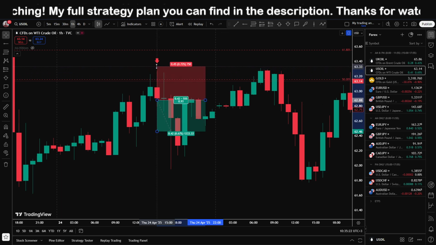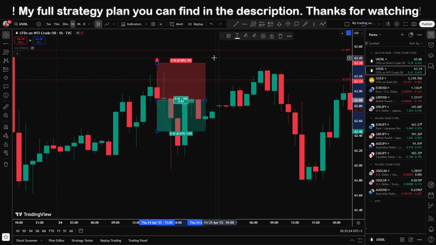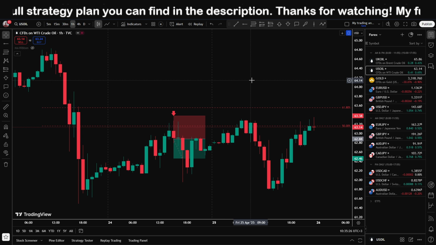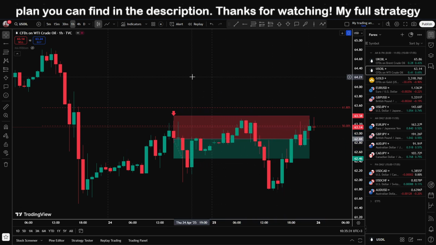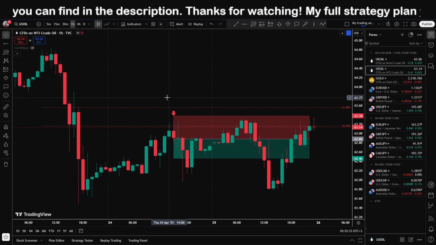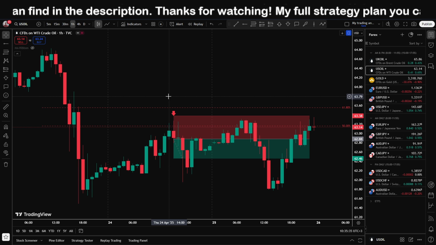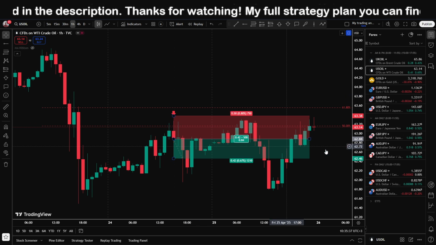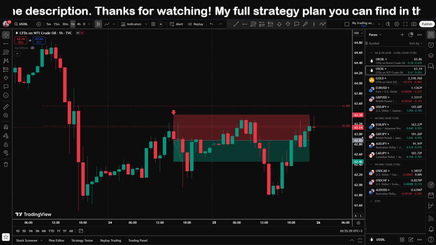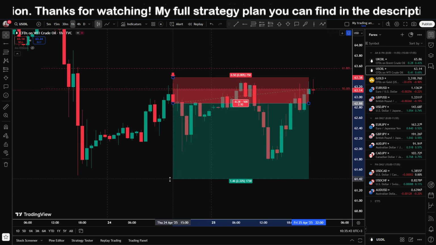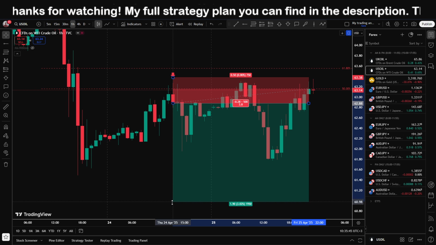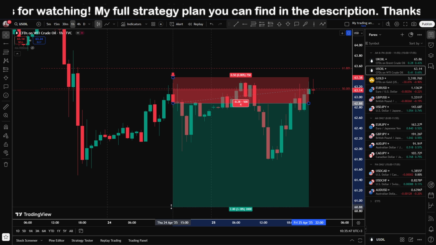Short position from here, 50 points was okay for me. When I take trades from daily levels, I use risk reward ratio 1 to 4. Again, this is only for oil trades. 1 to 4 is right here.